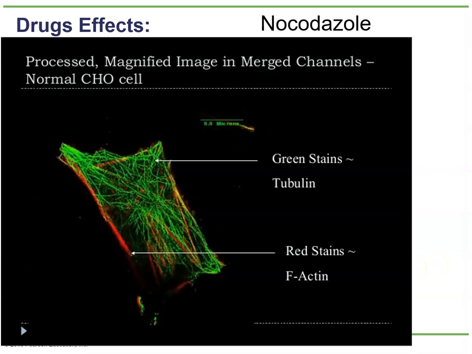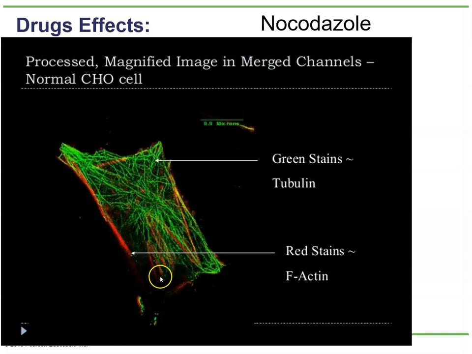Nocodazole is another assembly-inhibiting drug. It's similar to vinblastine and vincristine, and it's more easily reversed than colchicine. You can see here that we have the green tubulin. We haven't spoken about actin yet, but this is outlining the cell as well.